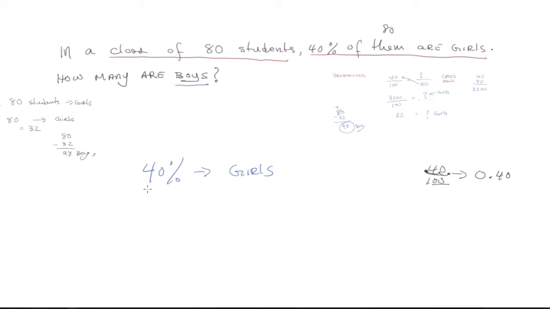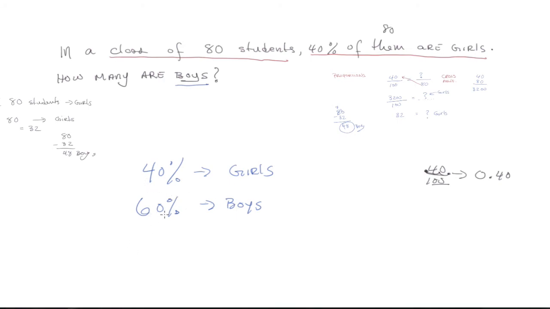So then in that case, what's left over is 60% are boys. So if you add 40% to 60%, that gives you 100% of your class. You get a total of 100% of your class if you add the boys and the girls, which makes sense because your class is made up of girls and boys.